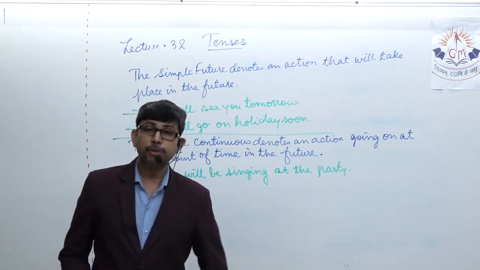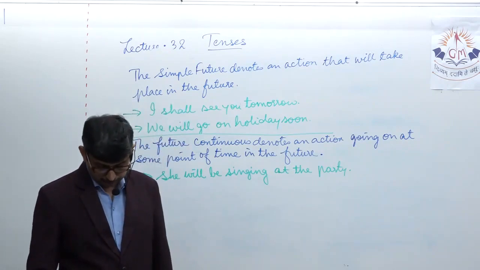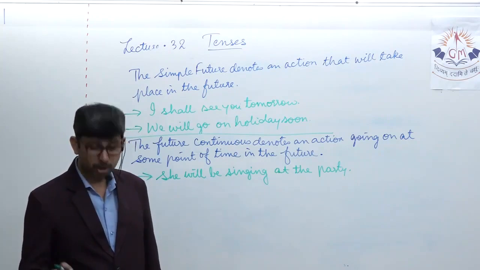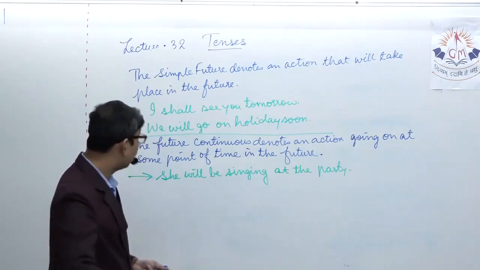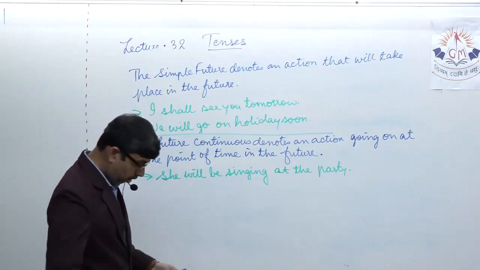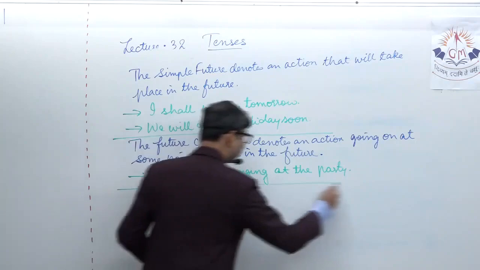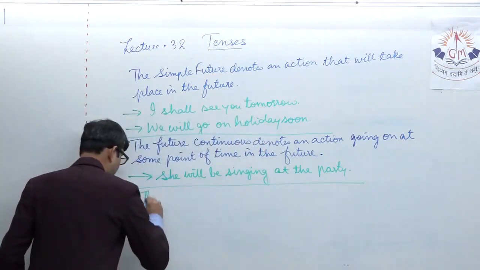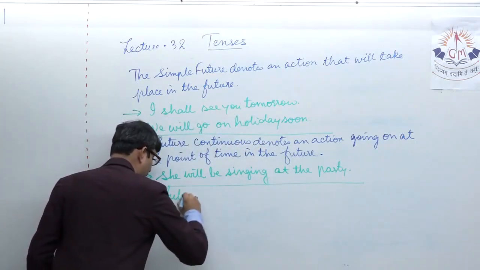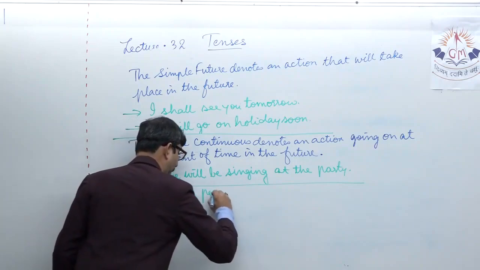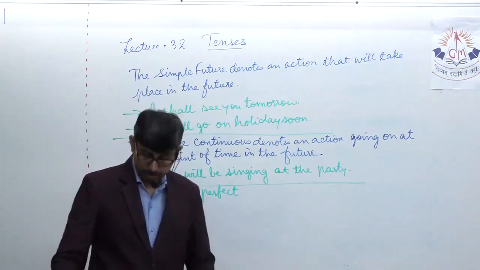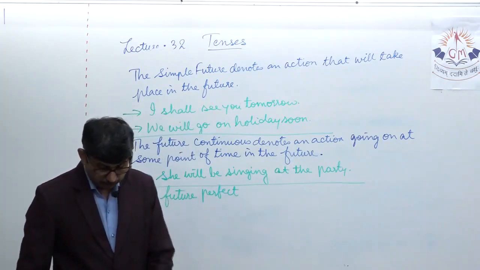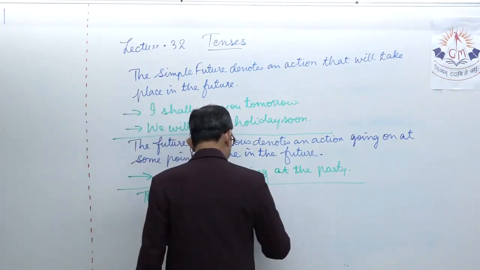Next, the future perfect. Let's see what a future perfect indicates or tells us about the time. The future perfect, quite naturally, is a perfect tense. It means an action that is completed.